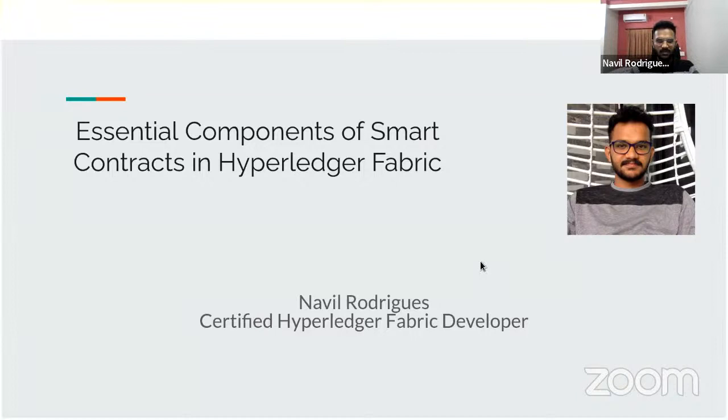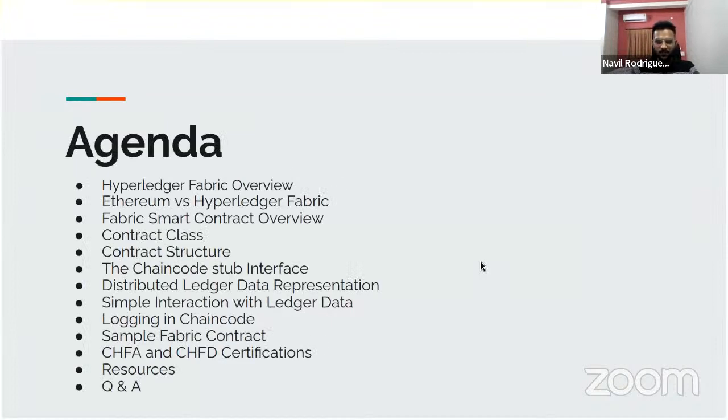So this will be the agenda for today's meet. We will be briefly discussing the overview of Hyperledger Fabric. Then we will be comparing it with Ethereum, which is a public blockchain. We will be deep diving into the Fabric smart contracts, the class, the structure, as well as the stub interface.